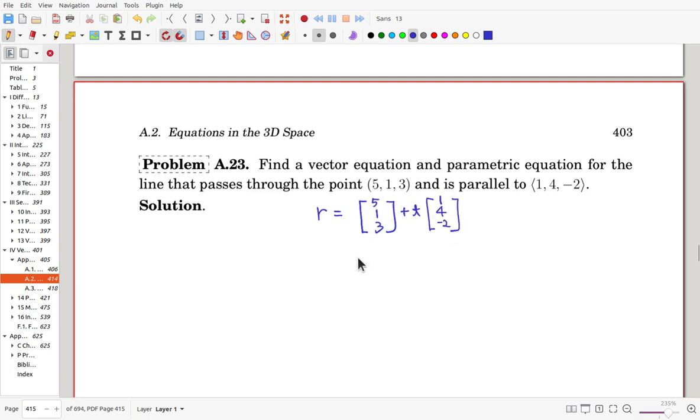This is the vector equation. And if we write it by using the parameter t and the components, then that is the parametric equation.